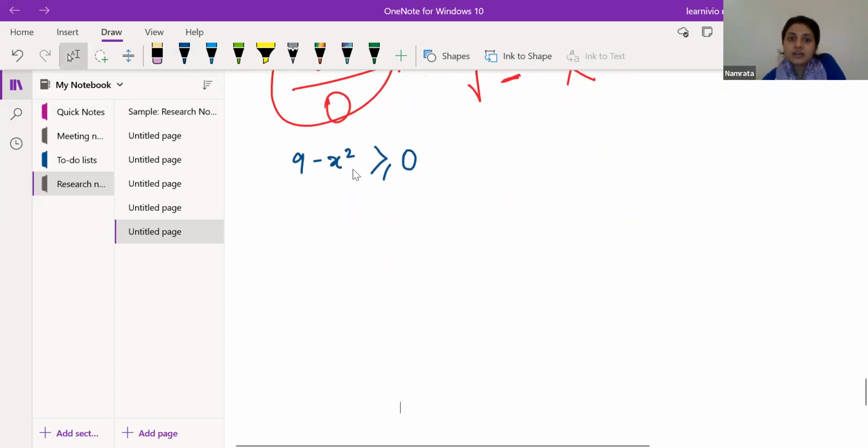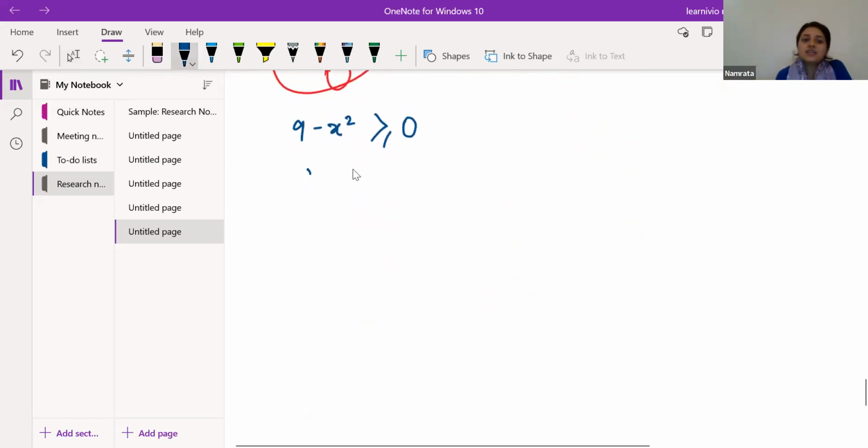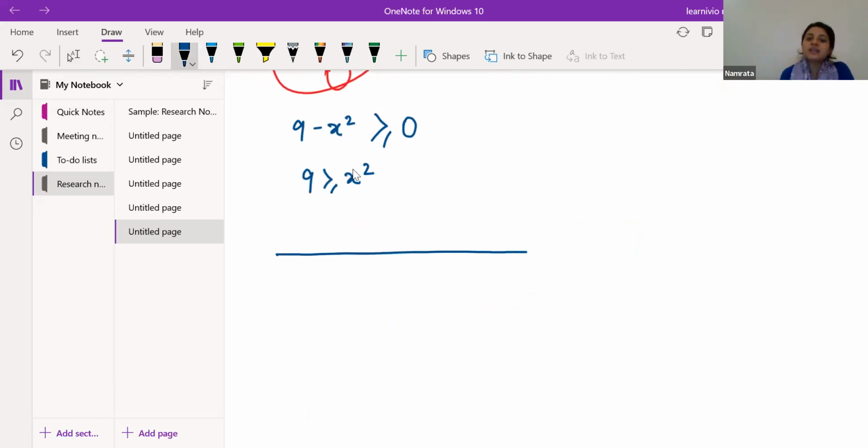Now we will solve this inequality. We will have 9 greater than or equal to x square. Or you can do the factorization over here. Now we will draw a real line. The real line consists of minus infinity to plus infinity.